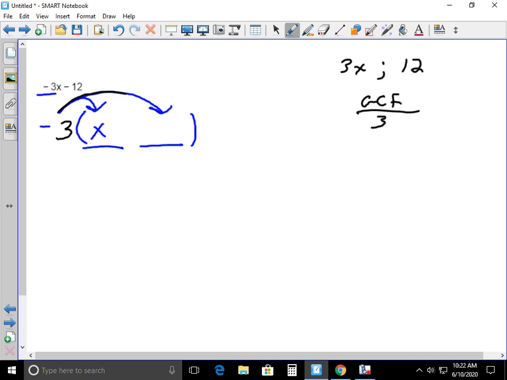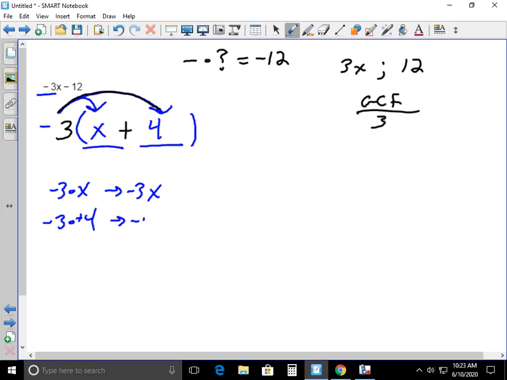Negative times what will make a negative? Negative times positive. And then 3 times what makes 12? Well, 3 times 4 makes 12. So negative 3 times x, yes, that's negative 3x. Negative 3 times positive 4, yes, that's negative 12. So when we pull the negative 3 out, that is what we're supposed to have on the inside there.